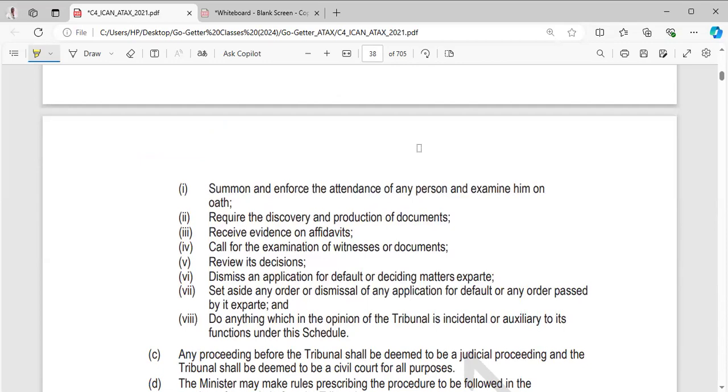It can have the power to require the discovery and production of documents, receive evidence on affidavit, call for the examination of witnesses or documents, review its decision, dismiss an application, decide matters ex parte, order or dismiss any application, do anything that in its opinion will be right done in the court.